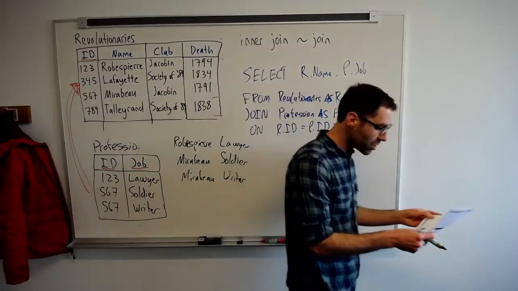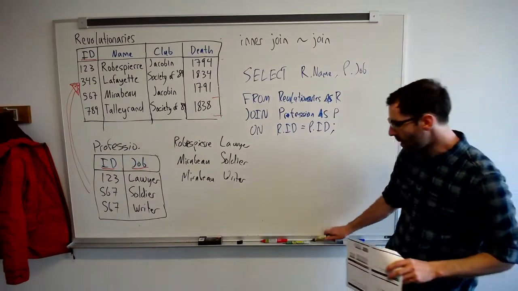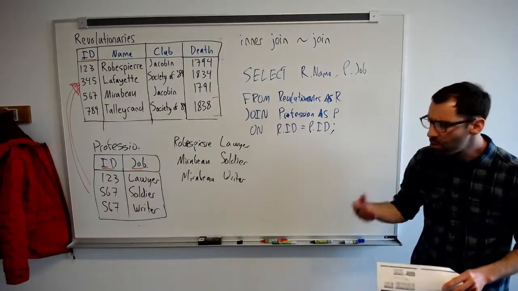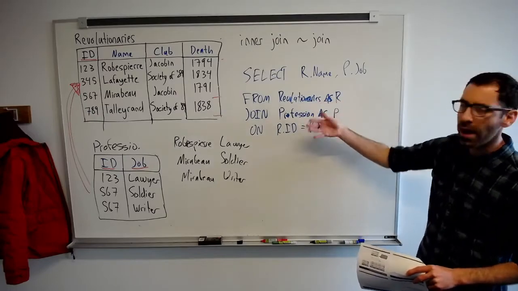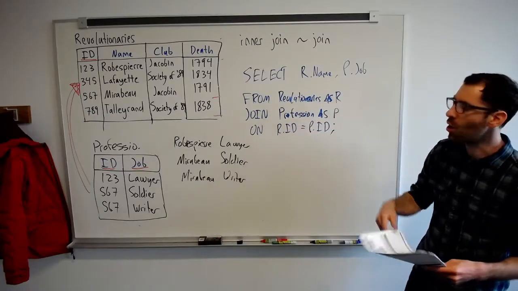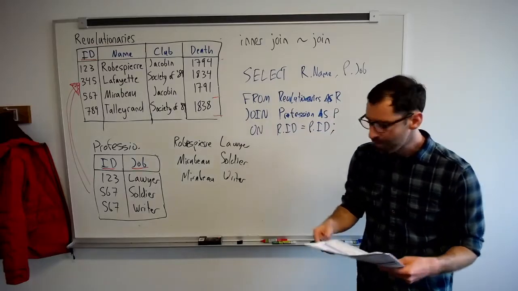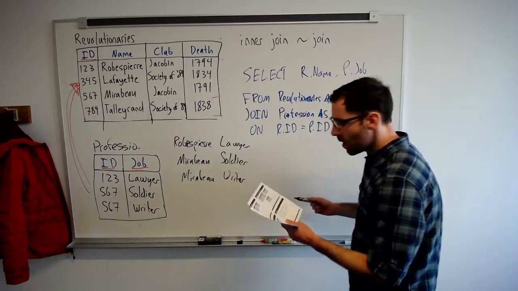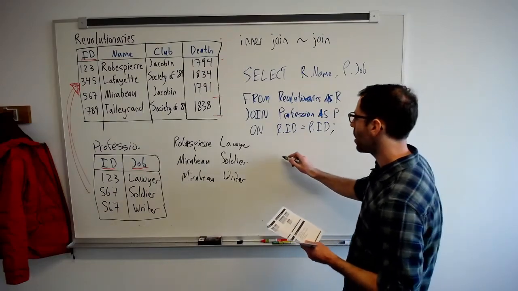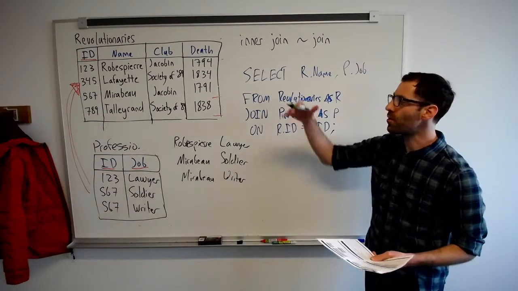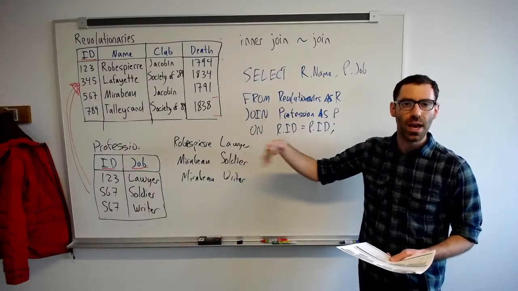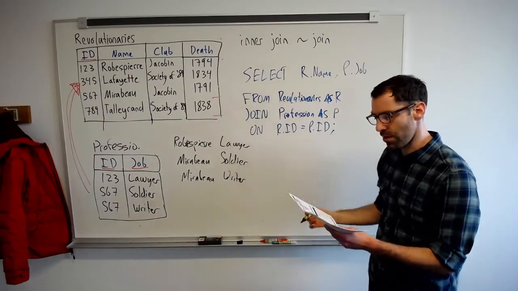So just like we thought about in terms of pseudocode, how should we think about these joins actually going through and giving us the output? It would be something like a nested for loop. We're going to loop over one table and then in an inner loop, loop over the other.